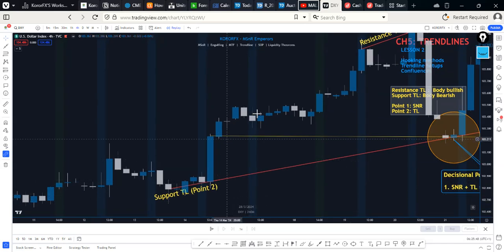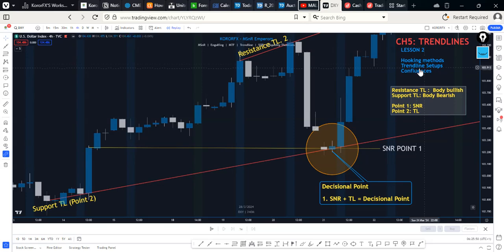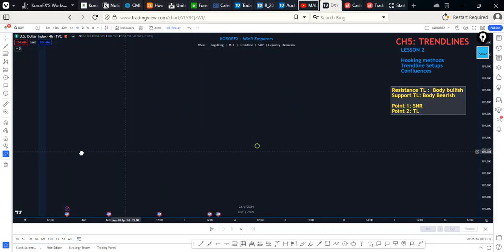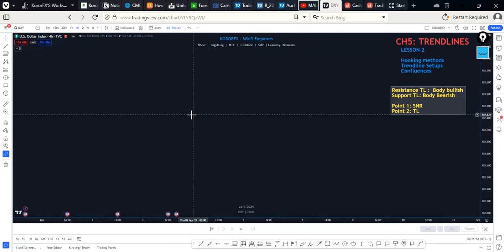That's it. So the other thing I'm going to teach you here is trend line setups. We have only two setups for trend lines. One setup is for the bullish and one setup is for the bearish, and we call it the selling setup, which will be a reversal pattern, and also the buying setup.